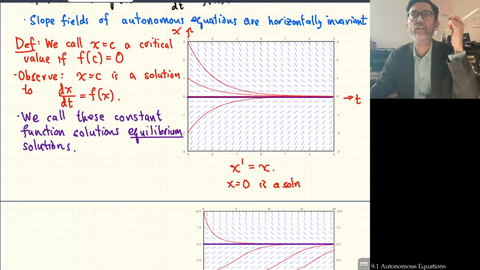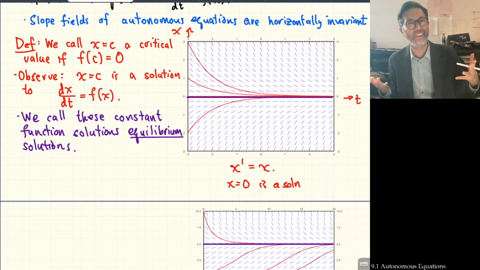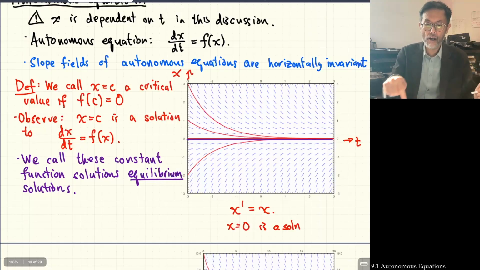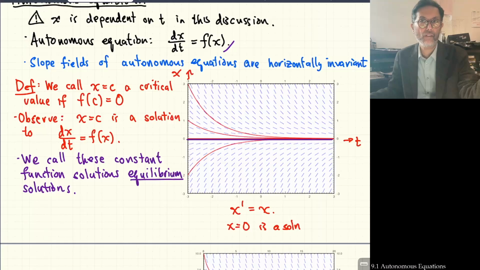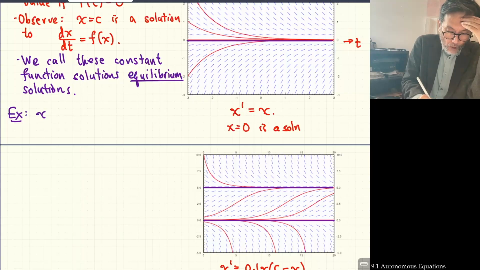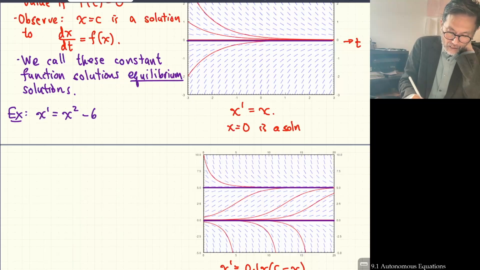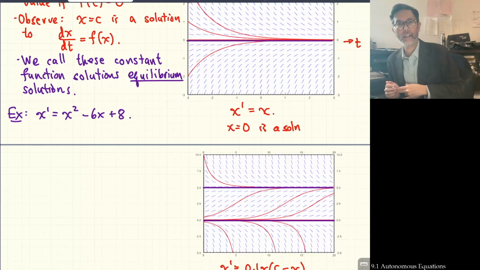Just think of it as terminology, yeah? And they're very easy to detect, okay? The process of finding the equilibrium solutions is simply to take this f of x here and set it equal to 0 and solve. That's all you have to do. So for example, if you have x prime equaling x squared minus 6x plus 8, there is an autonomous equation, okay?